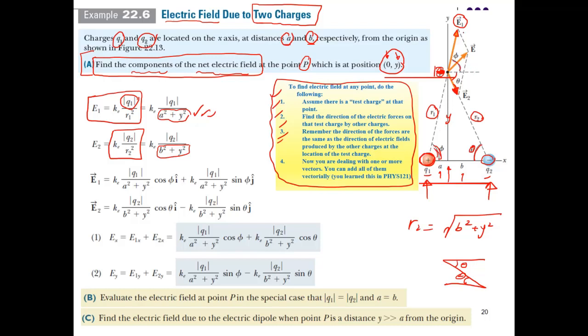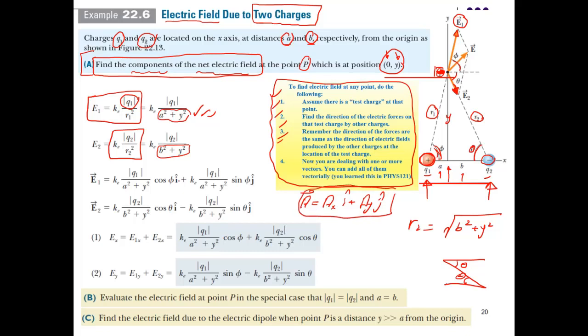Now I can write E1 in terms of components. But let me remind you of something from physics 1. Do you remember this? A vector can be written as A_x i plus A_y j. I'm going to do it for these two vectors.